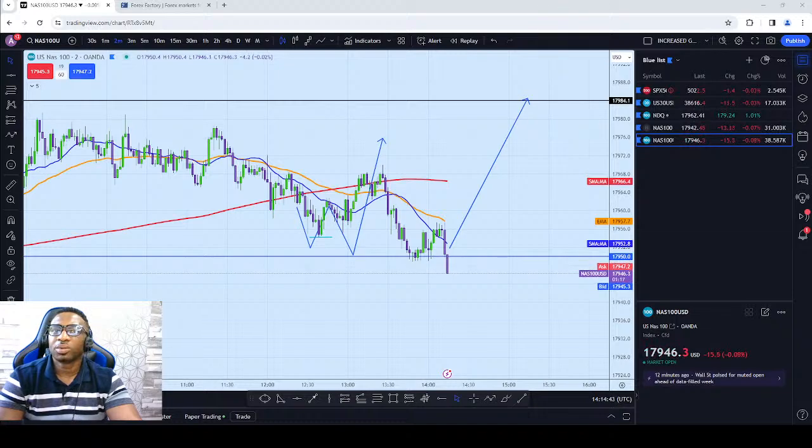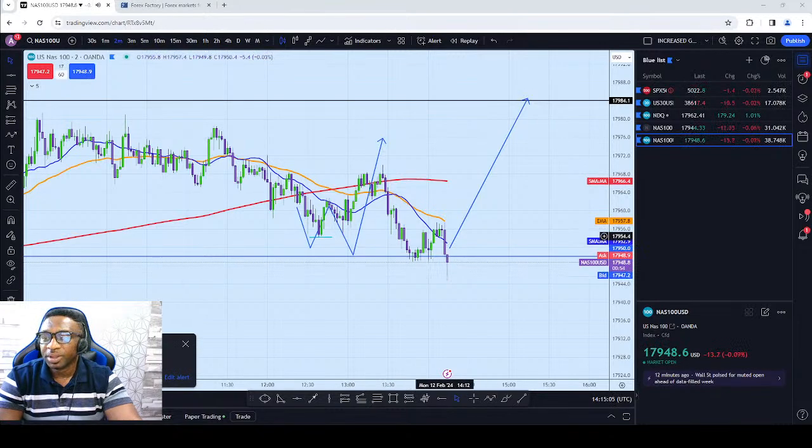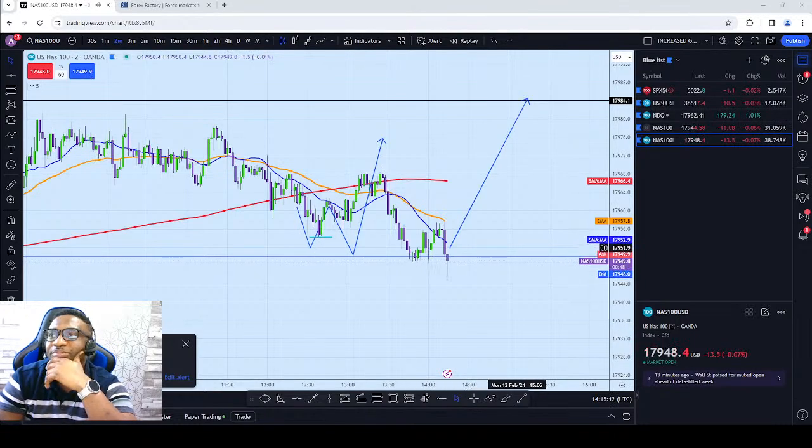It's heading downwards at the moment. So yeah, would have played this downwards as we're looking at it, but it's just before market open. It's pulling back again.